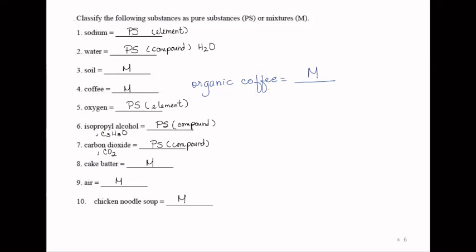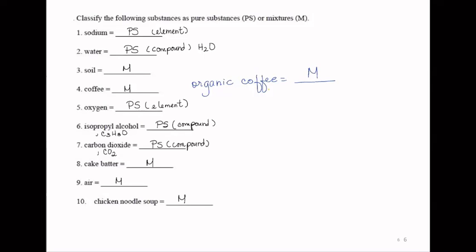On the opposite, when we buy isopropyl alcohol where the bottle says 90%, 70%, 60%, that liquid will look very similar or even identical to pure isopropyl alcohol. But if it says 60%, then it has 60% isopropyl alcohol, 40% water.